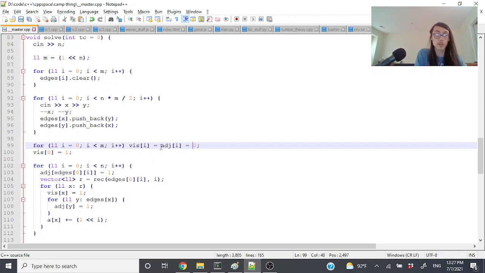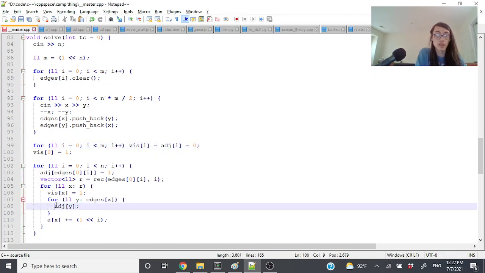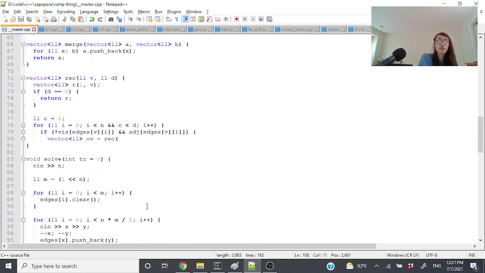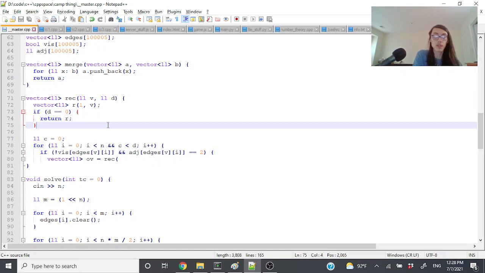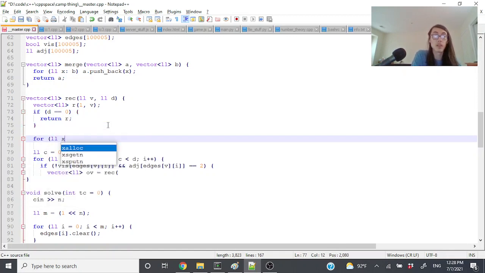Edge I is equal to 4. I'm confused about how this works. This needs to be adjacent to this, and it needs to be adjacent to this.